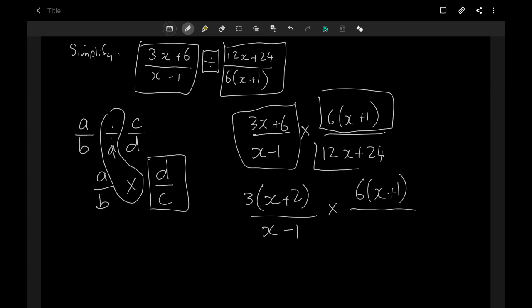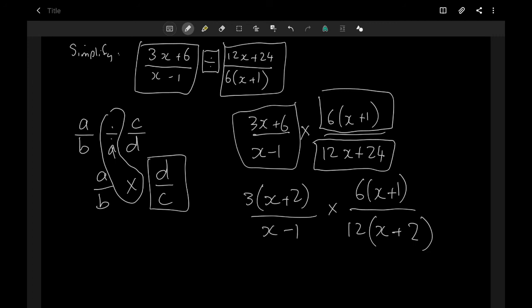But the denominator can be factorized. So we know that the highest common factor between 12 and 24 is 12. We open the bracket. So 12 times what will give you 12x? That's an x. Plus 12 times what will give you 24? That's a 2.